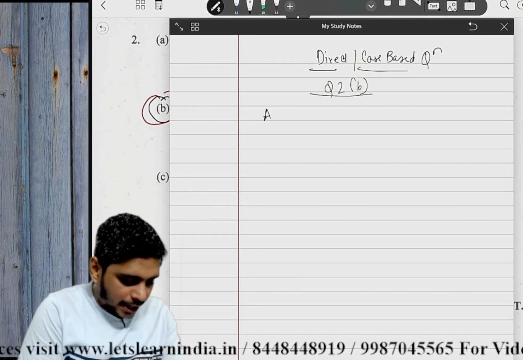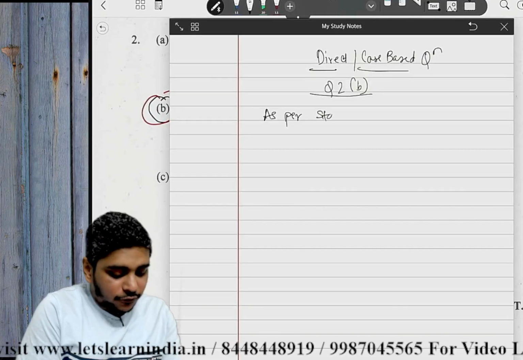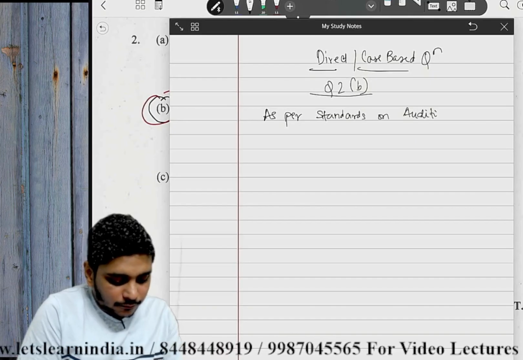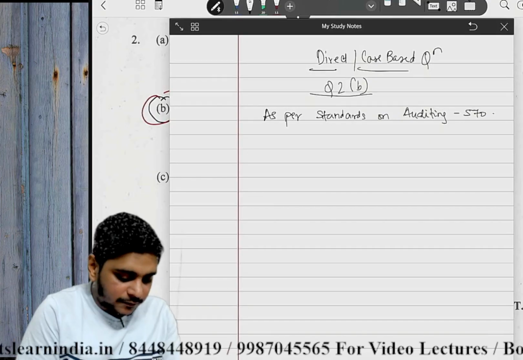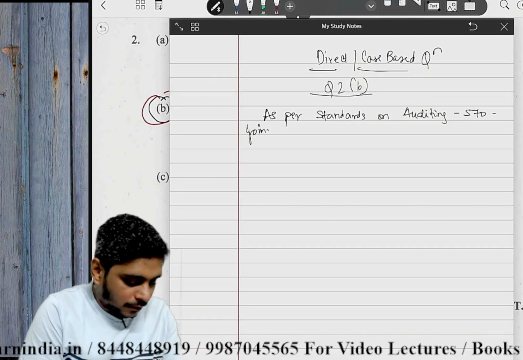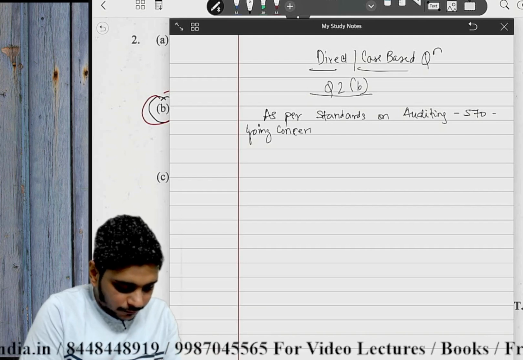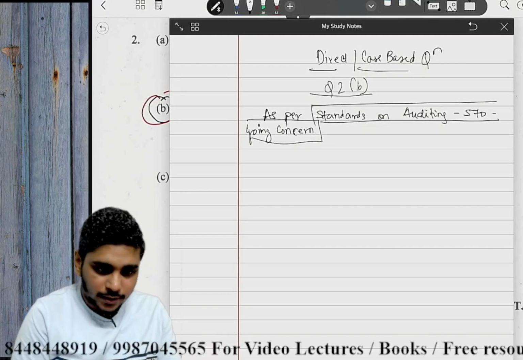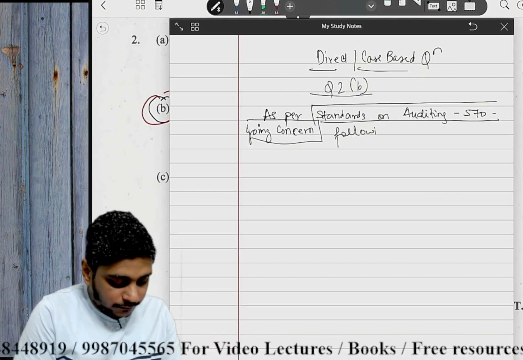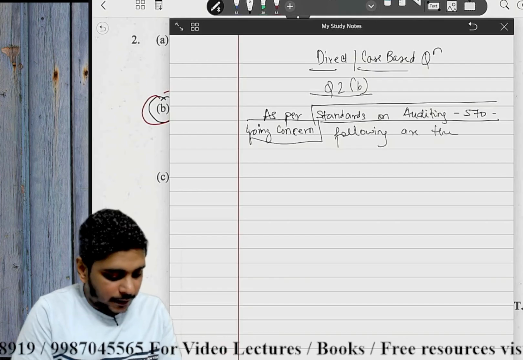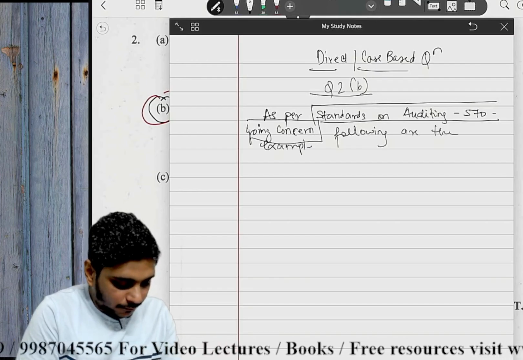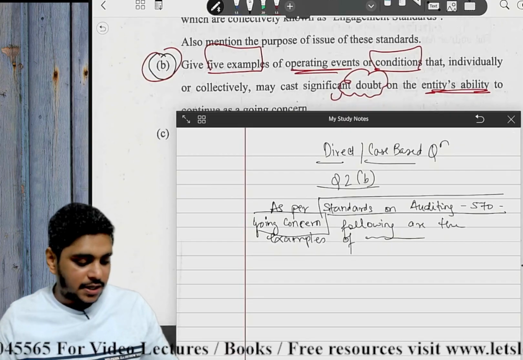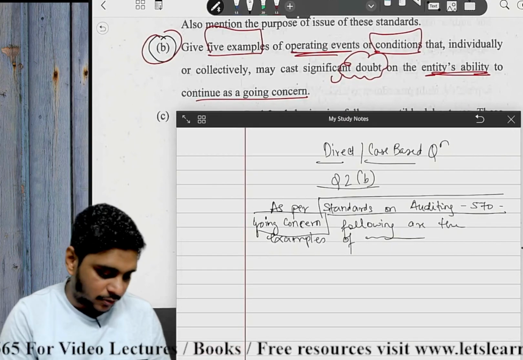As per, I will write full form, Standards on Auditing 570, Going Concern is the name. I will put this in a box and I will write: following are the examples of operating events which cast a doubt on the entity's ability to continue as going concern. Okay, you copy the theory.